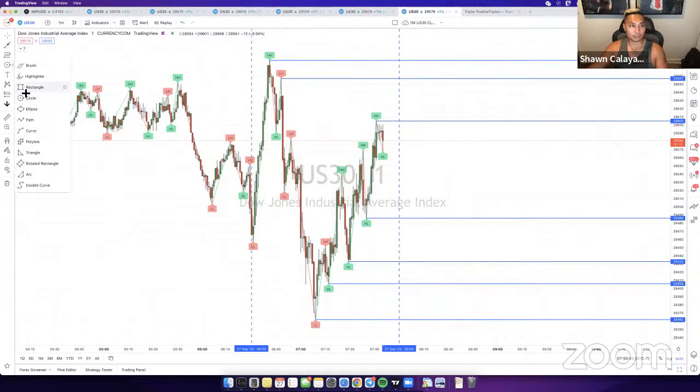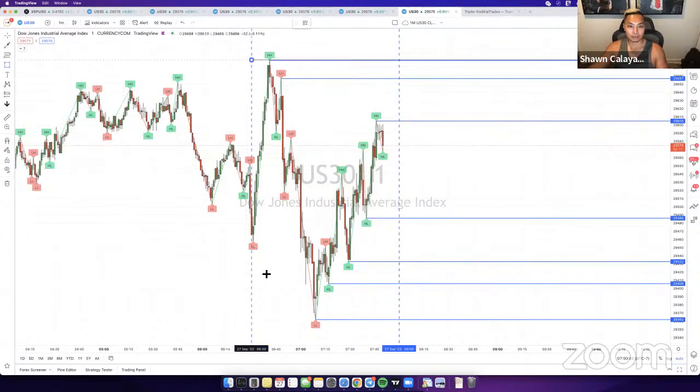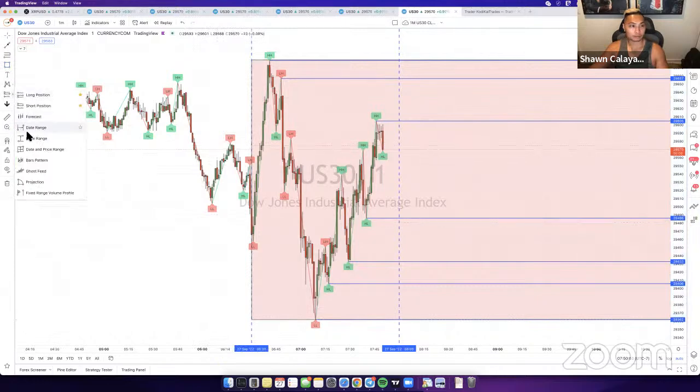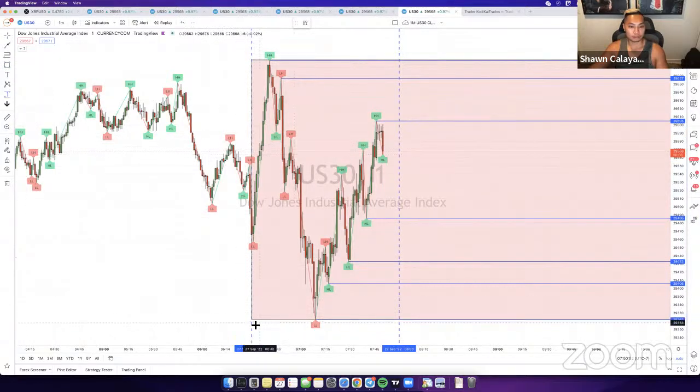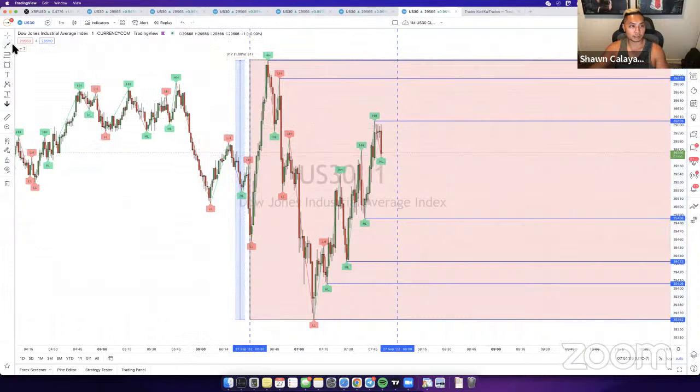There's no direction at all. Realistically, it's just one huge range. If I was to draw a range right here, this is literally the range for today. So price pushed about 3,000 pips. It's good because volatility is high.